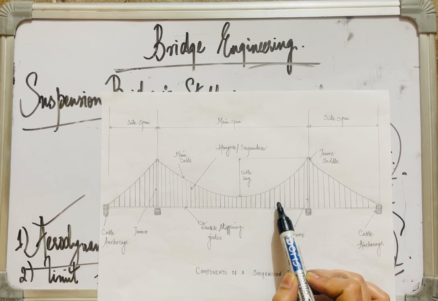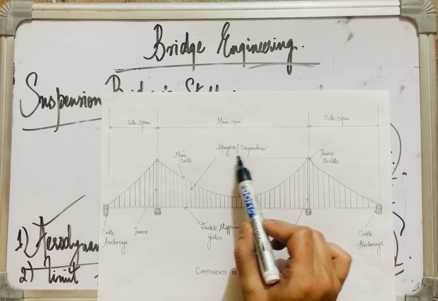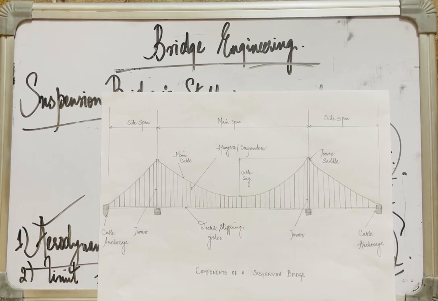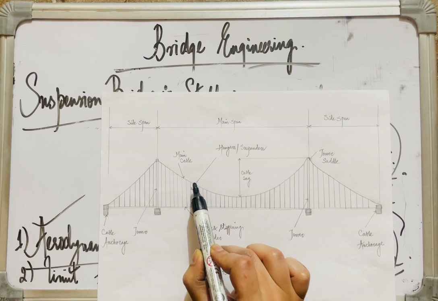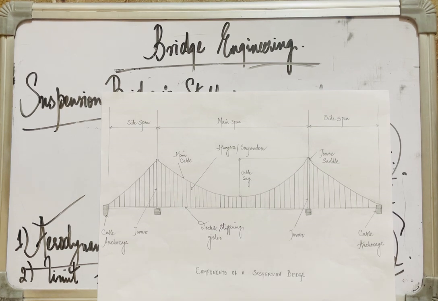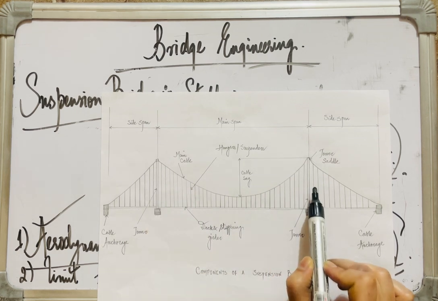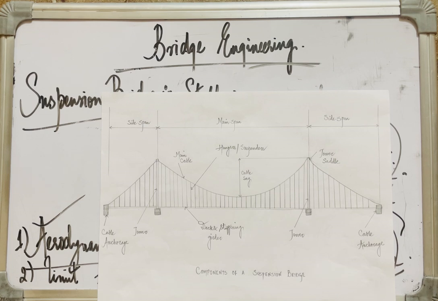The hangers, or the suspenders, which are also called hangers or suspenders, have the role that they carry the vertical loads that come on the bridge deck, and then they transfer it to the suspension cable or the main cable. Then what is the role of the suspension cable? The suspension cable takes these loads and then transfers them to the towers which are embedded in the foundation.